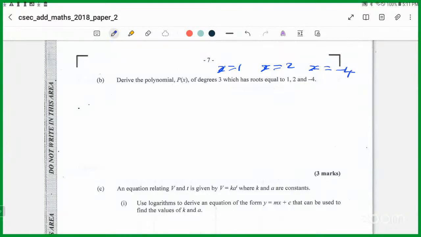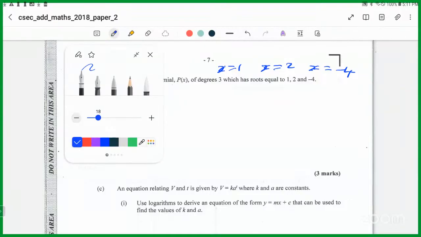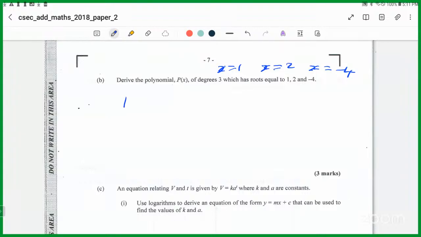It means that p of x, when it is factorized, has factors x minus 1 from this root, x minus 2 from this root, and x plus 4 from this root.